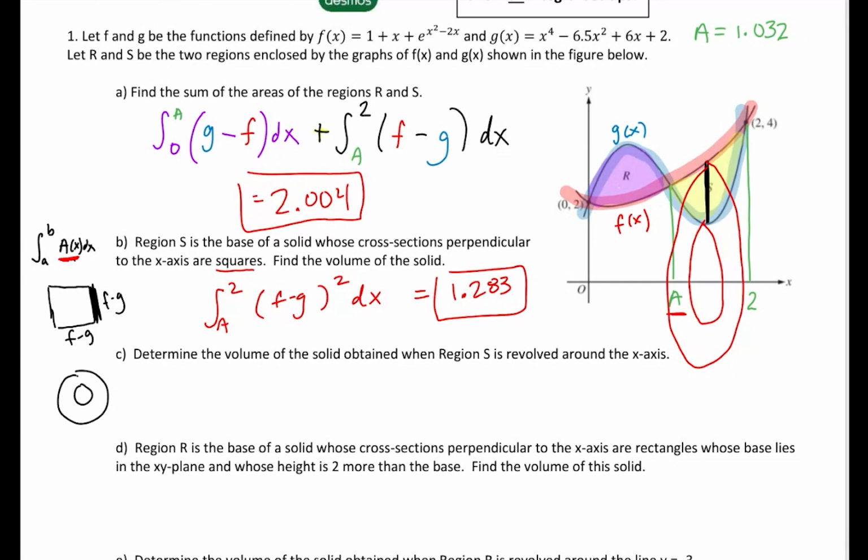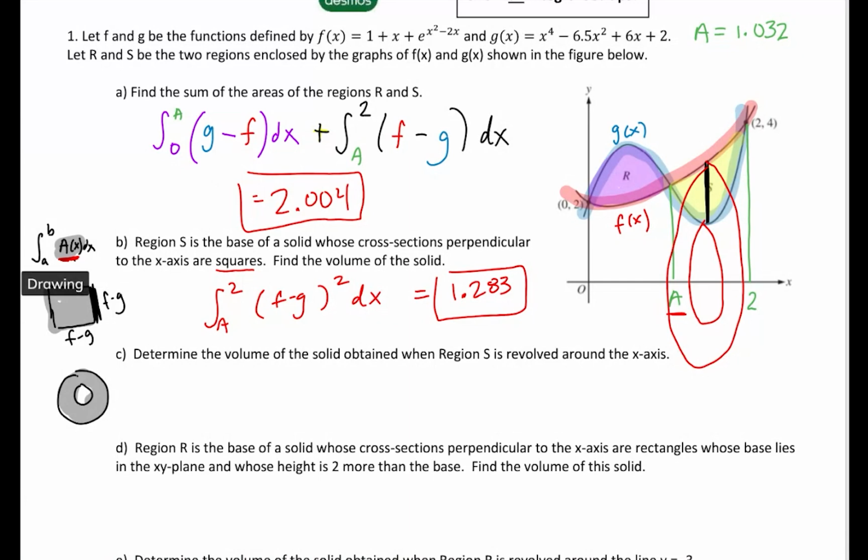The way that we're going to find that area, which I'll highlight here on the diagram, is the big circle minus the little circle. So this area is going to be pi R squared minus pi r squared, with those radii being defined in terms of the functions themselves.